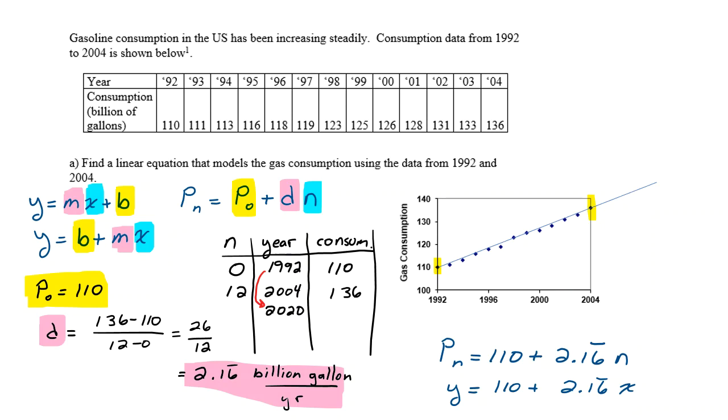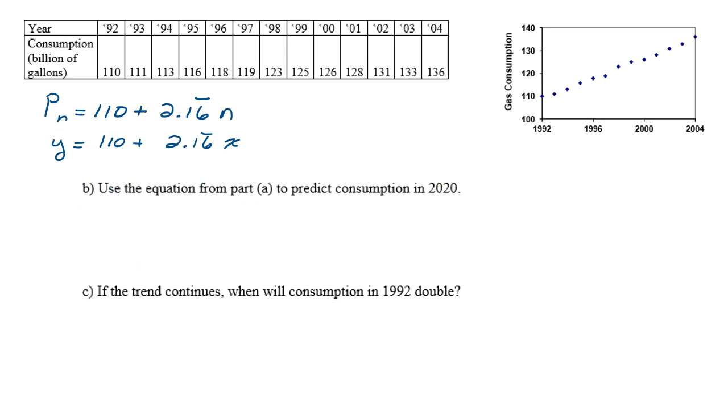So what is that, 28 years? I think that's right, 28. So the consumption we're trying to find would be represented by the variable P sub 28, the consumption 28 years since we started keeping track. All right, so we're trying to find P sub 28.